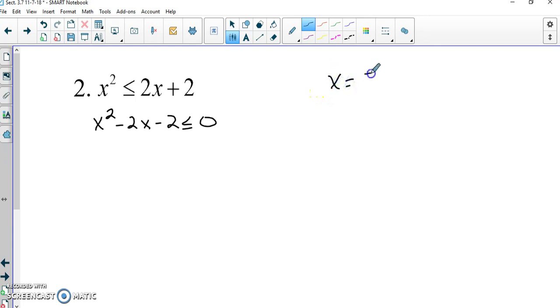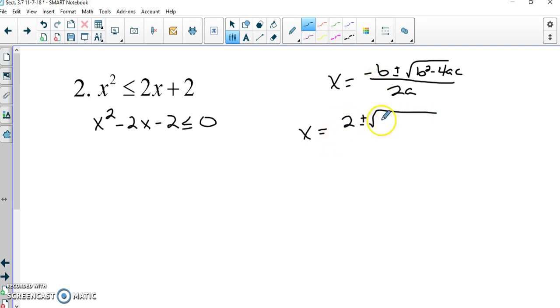And plug everything in. So I got x equals negative b plus or minus the square root of b squared minus 4ac all over 2a. All right, so when I substitute in, I'm going to get positive 2 plus or minus the square root of negative 2 quantity squared, which is 4, minus 4, a is 1, c is negative 2, all over 2 times 1.